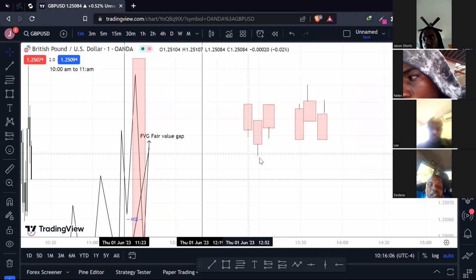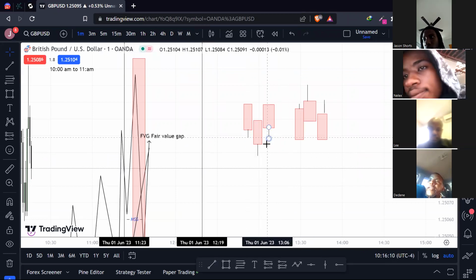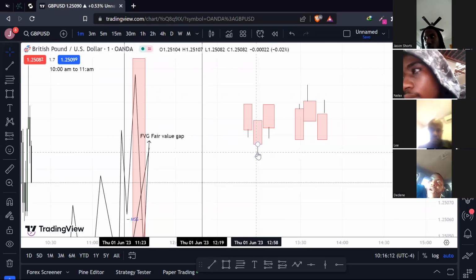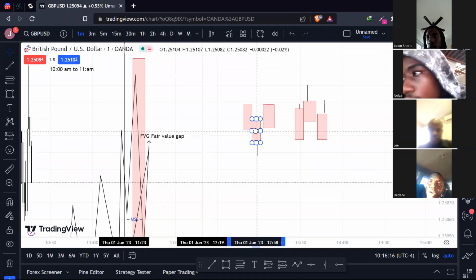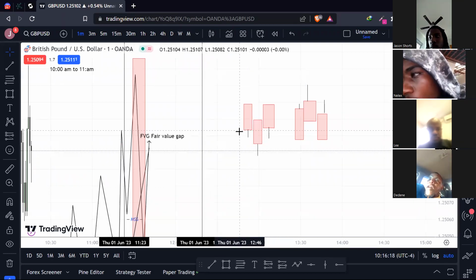So it's two lower candles on the left and right, and a higher one with a longer wick in the middle candle, right here. So you see the pattern.